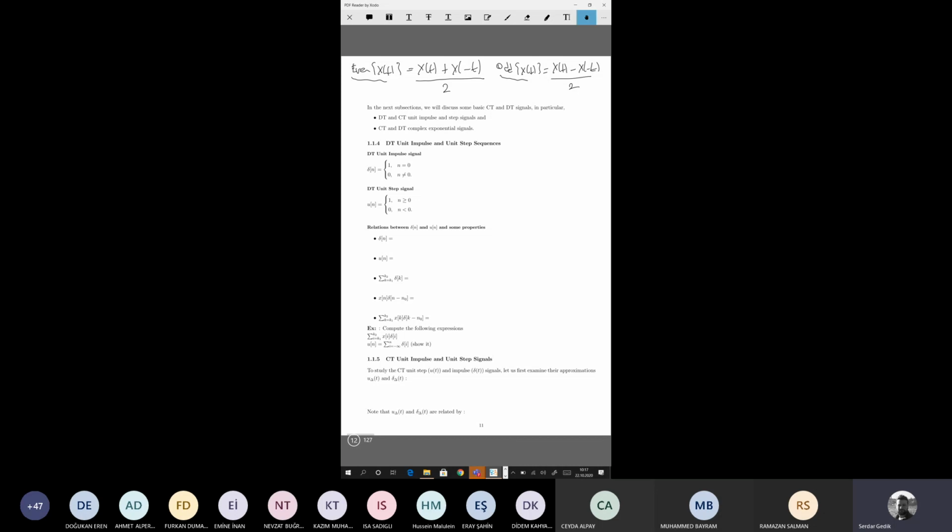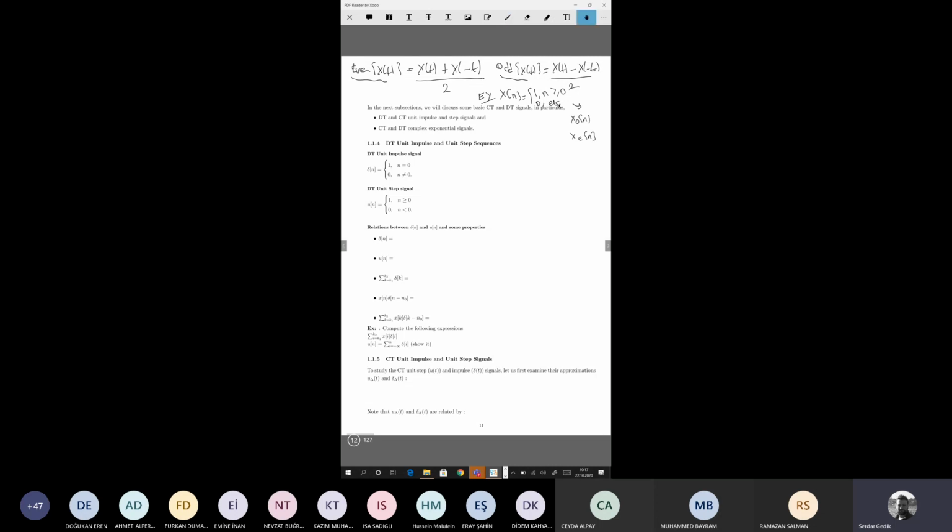Also as an exercise, let's say I have x of n, which is 1 for n larger than or equal to 0, and 0 else. Find x odd of n and x even of n.